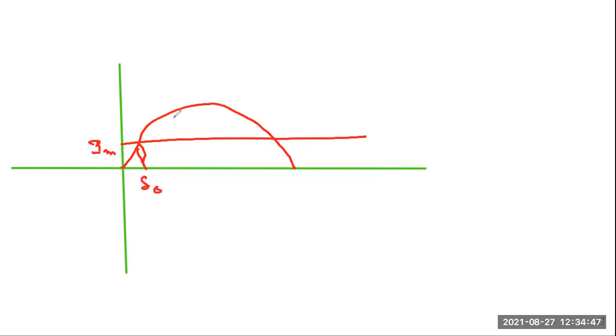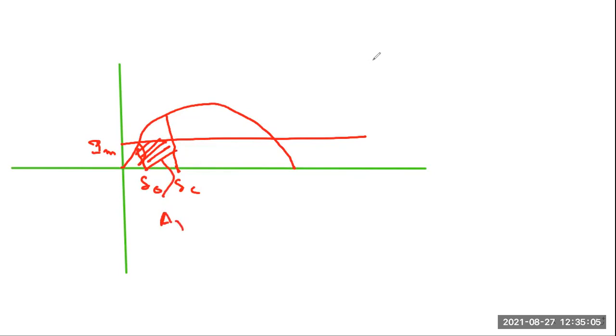This is your PM, and this point is your delta 0. Now at delta equal to delta C, the power is restored again. So this is your accelerating area.